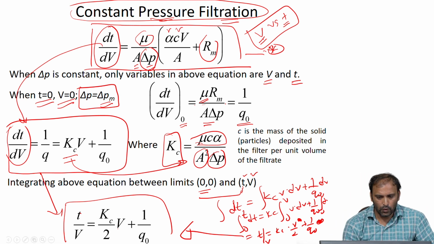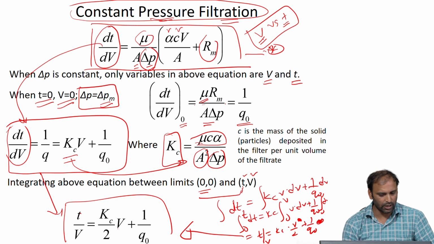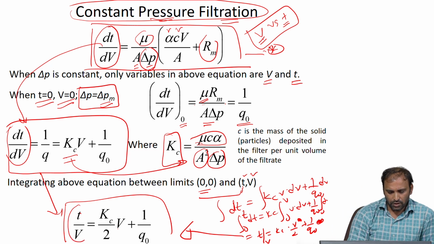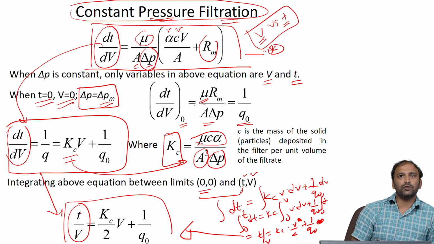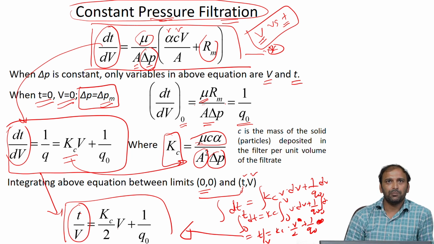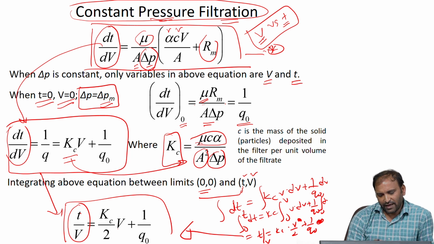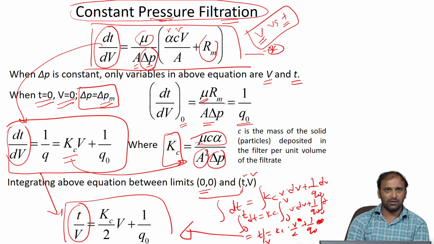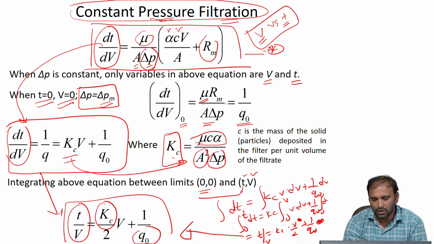Okay, so therefore we have developed a working equation which tells us the dependence of T and V during the process of constant pressure filtration. One of the nice things about this expression is that if I perform experiments under constant pressure conditions, I can estimate what Kc and Q naught are.